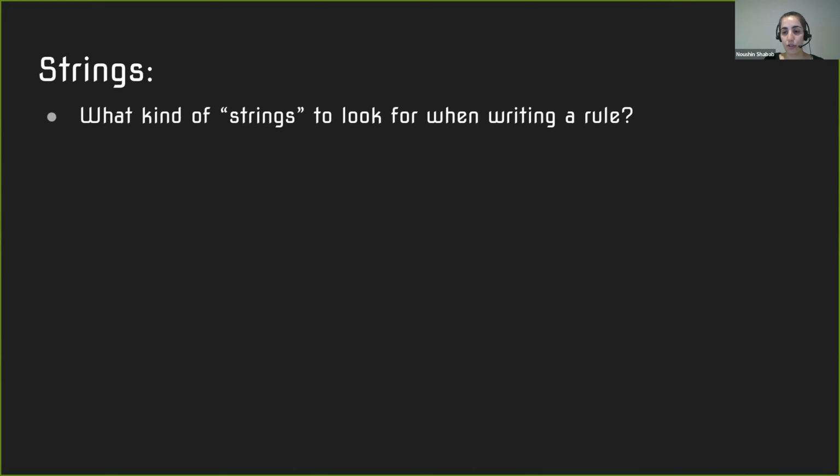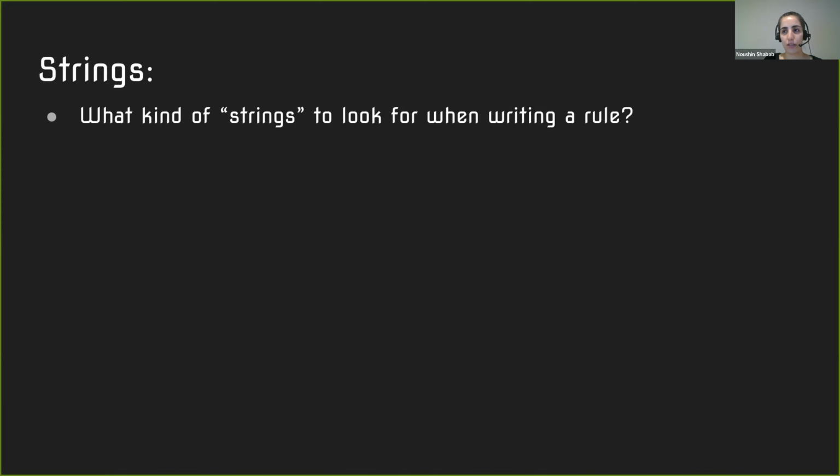Next, this is actually very important. What kind of strings to look for when writing a rule? We have tried a few exercises today, but to be prepared for real life exercises with YARA rules, you need to know what strings to look for.